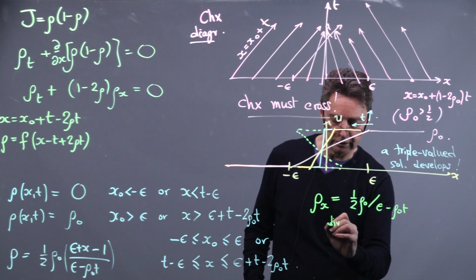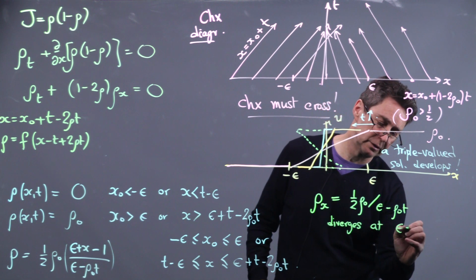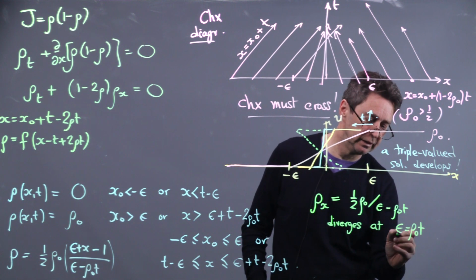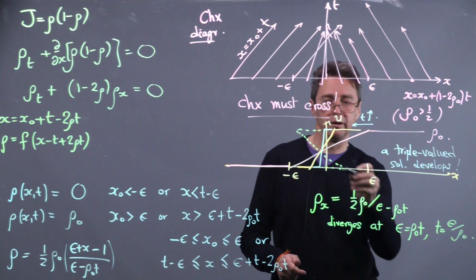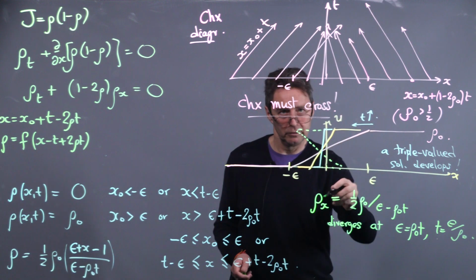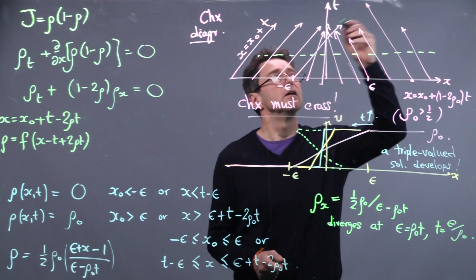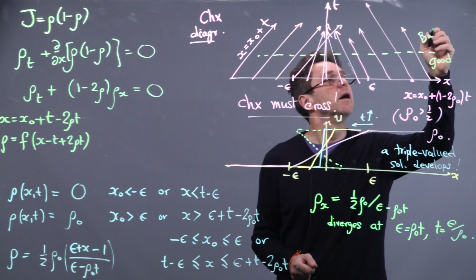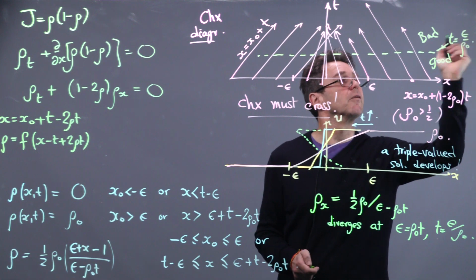This diverges at epsilon equal to rho naught t. Right, t is epsilon over rho naught. So that's actually when the thing becomes vertical, and that corresponds to when the shocks first cross, something like that. So, good, bad, this is t is epsilon over rho naught.